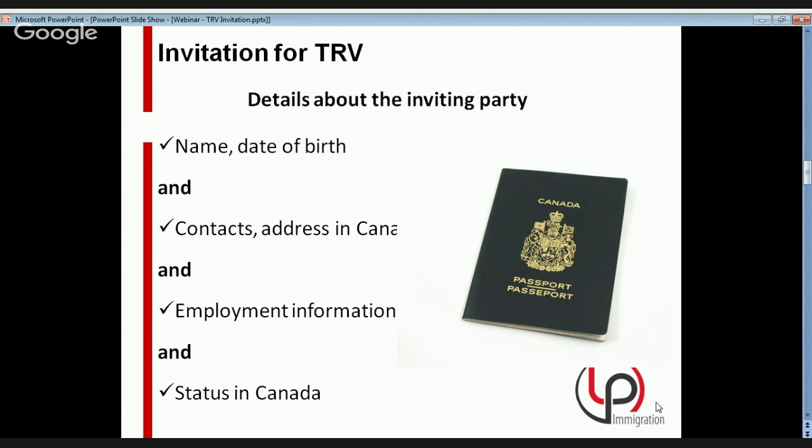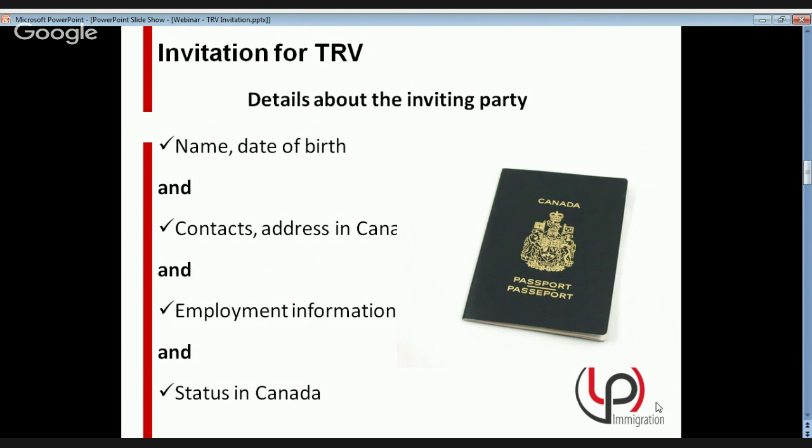Information about your employment: job title, name of the employer, period of employment, employment income. This is necessary to assess if an inviting party is financially established and is able to provide support to the guest if such support is required for some reason. Here is a brief example. Say, a permanent resident is inviting his or her relatives to visit Canada, sometimes parents, for example.